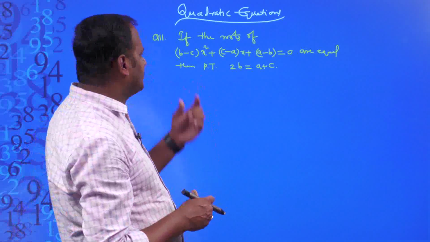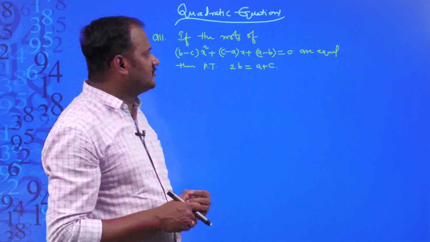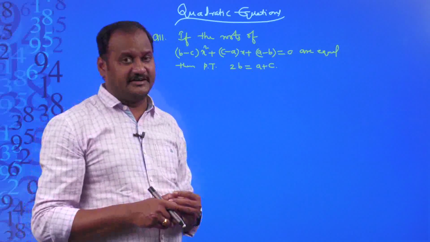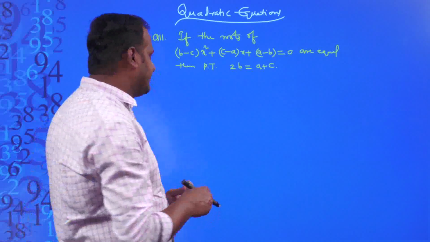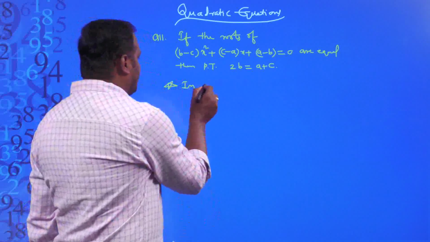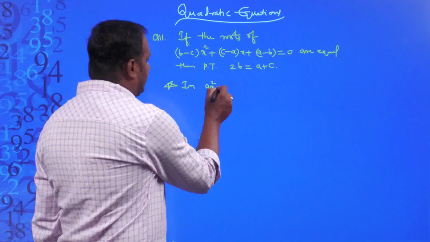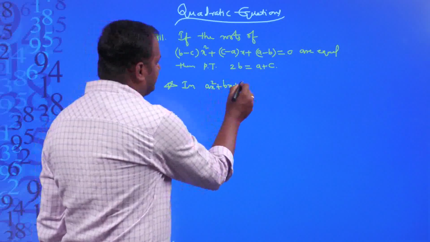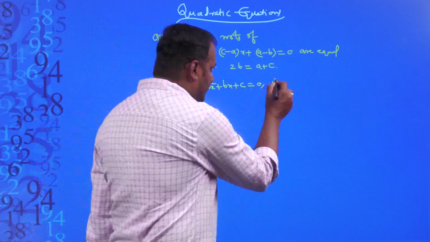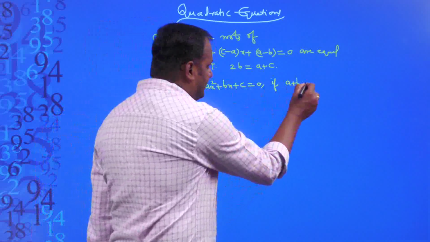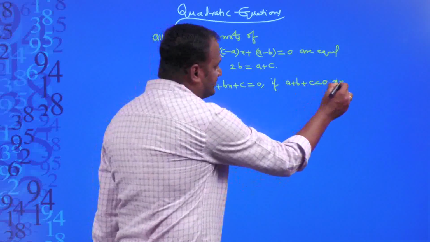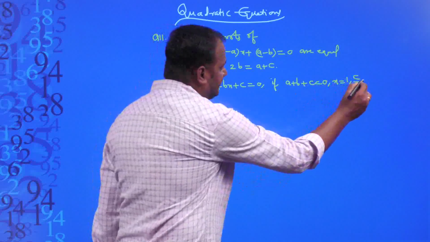But if you once think logically, we discussed about one special case of quadratic equations to find out the roots. What is that special case? In ax square plus bx plus c is equal to 0, if the value of a plus b plus c is equal to 0, then the roots are x is equal to 1 comma c divided by a.